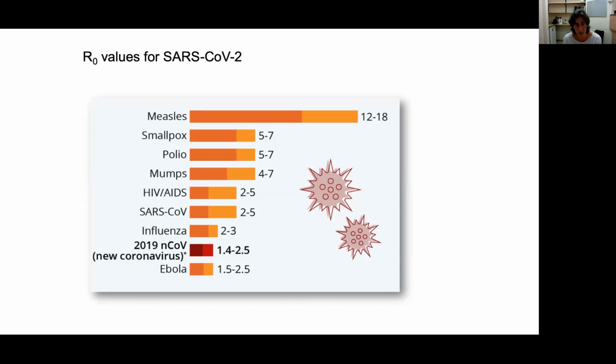And as you can see here, SARS coronavirus is an infectious virus, but it's not the most infectious virus that we know. Measles is much more infectious. From every one person that is infected, 12 to 18 people get infected. And with our current SARS coronavirus, it seems that the average is around 2 people that get infected from each infected person. So it's not the most infectious virus that we know.